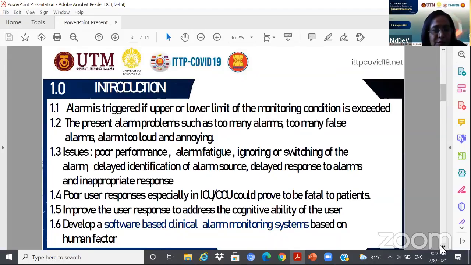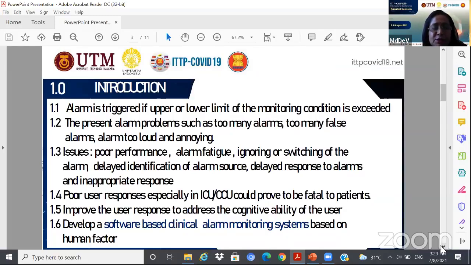The present alarm problems in medical devices, especially in healthcare institutions, focusing on ICU, CCU, intensive care units or critical care units, are that there are too many alarms and too many false alarms, and the alarms are too loud and annoying.